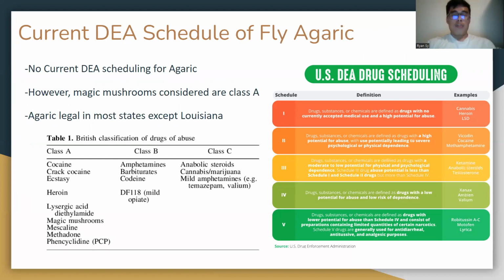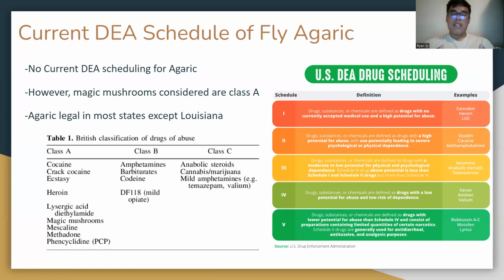And I just wanted to let you know about the DEA schedule for fly agaric. As of right now, there is no current DEA scheduling for agaric. However, magic mushrooms are considered Class A, as you can see here in the British classification of drugs of abuse: cocaine, crack, ecstasy, heroin, magic mushrooms. That is considered Class A, similar to DEA Schedule 1.